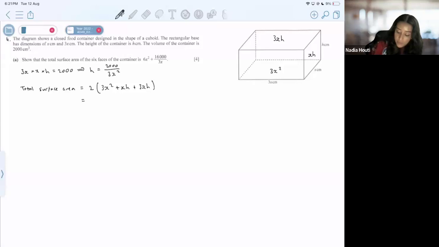And we can simplify this first into 4xh. And then at this point, we expand. And the last thing we do is to sub in the expression for h.